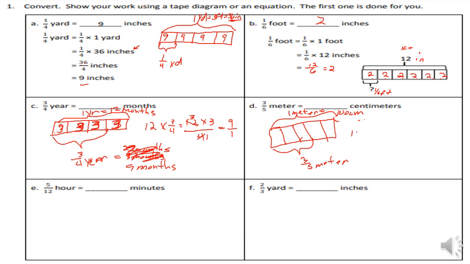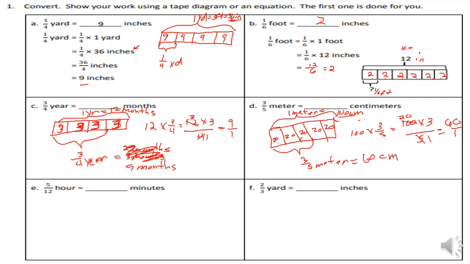So now we've got 100 times 3/5, which equals 100 times 3 over 5. 5 goes into 5 one time. 5 goes into 100 20 times. So now we have 60 over 1. So 3/5 of a meter equals 60 centimeters. Now, 60 centimeters divided by 3 units gives us 20 centimeters per unit. So when we fill it in, we can check it. 20 times 5 is 100. So we got our 100 centimeters.